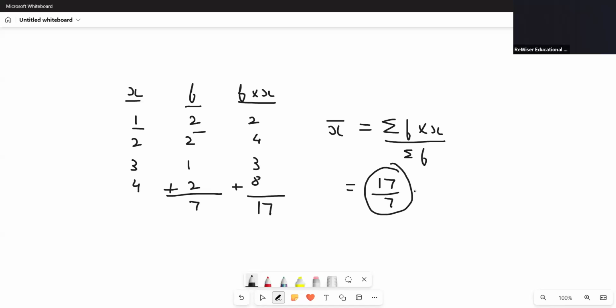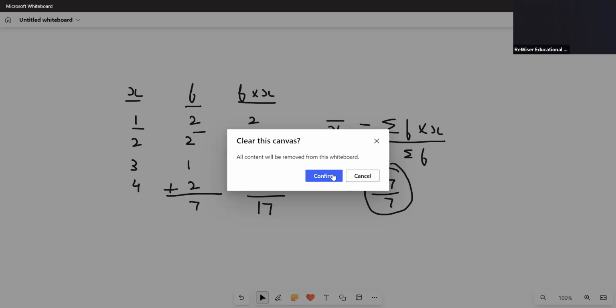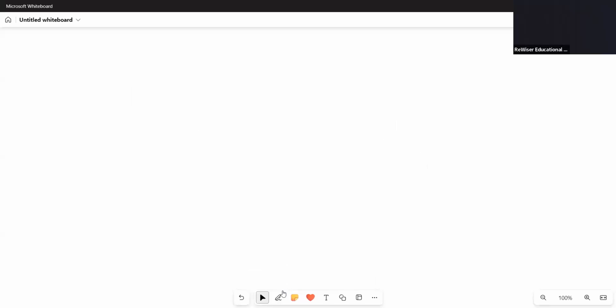Now, there are various other types of questions asked with respect to mean. The other one can be that you have a class distribution given to you, and you have to calculate the mean. These types of questions are usually a 4-marker in paper 4.